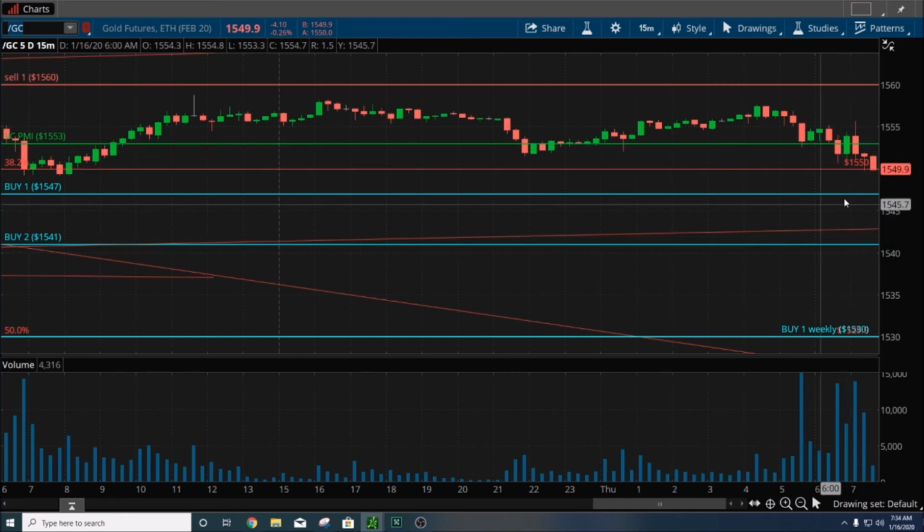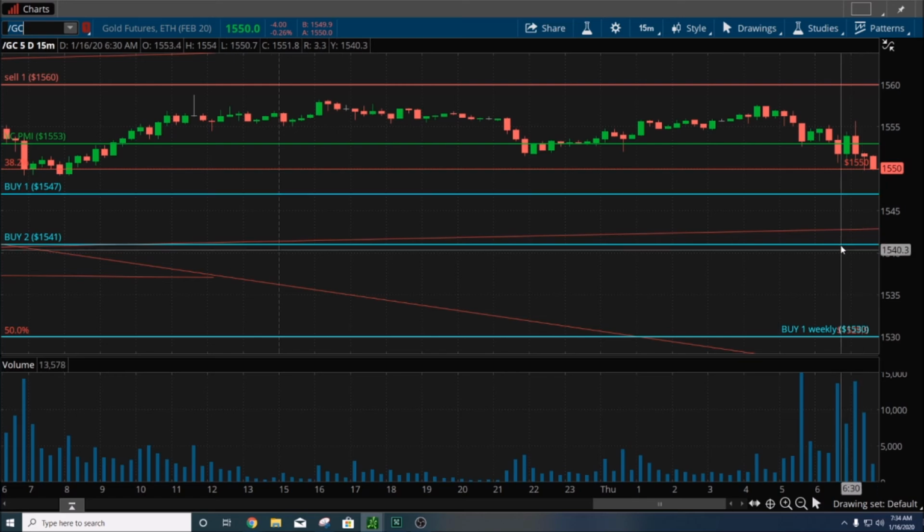And that is either for the market to come down once again and activate a buy signal at 1547 by touching the price and closing above it on the second 15-minute bar. It would be a buy trigger.